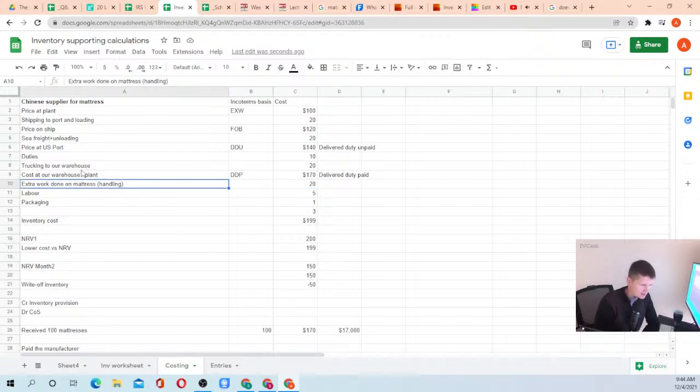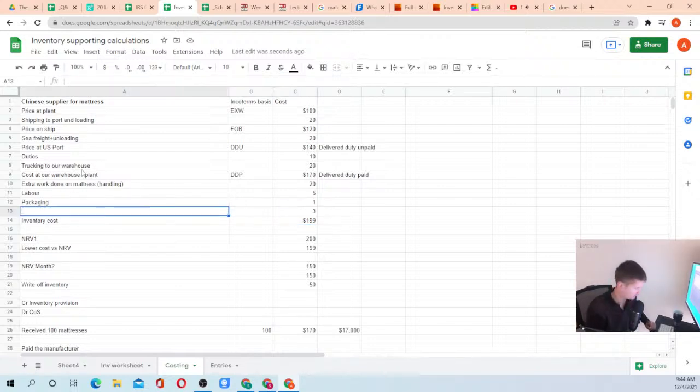We have some handling related to these mattresses. Then we have some other labor involved, some packaging, and other, let's call it other.